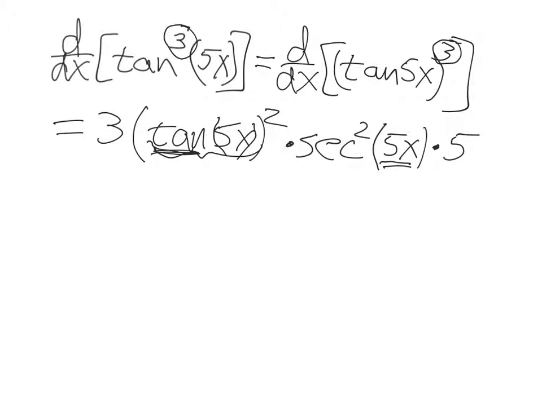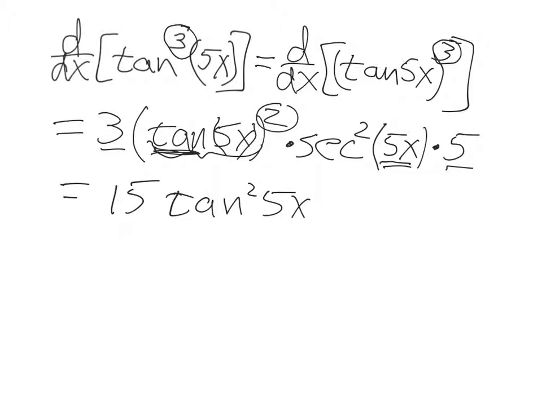And then from here, let's see, there's really not a whole lot to do. I think you can handle 3 times 5, I hope. Pull your calculator out if you need to, but we'd have 15 and then times tangent squared of 5x. Go ahead and write the proper notation there since we're rewriting it.